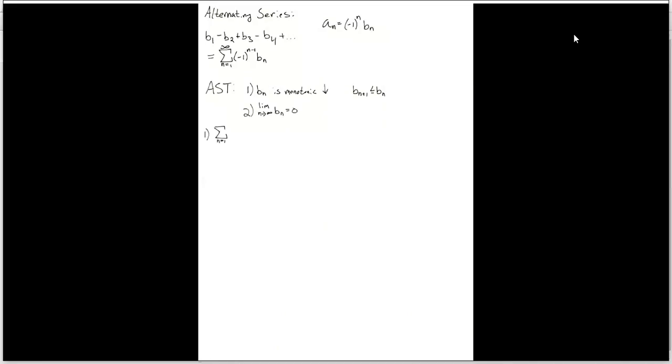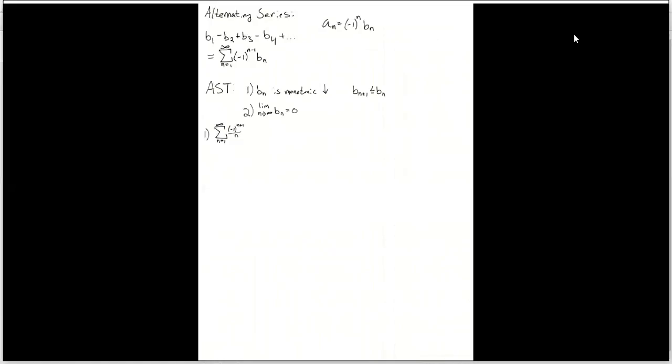We have the sum from n equals 1 to infinity of -1 to the n plus 1 over n, right? And this is a pretty simple one. You can kind of guess that if we look at our conditions, we have to apply them and then figure out if we have a convergent series or not.